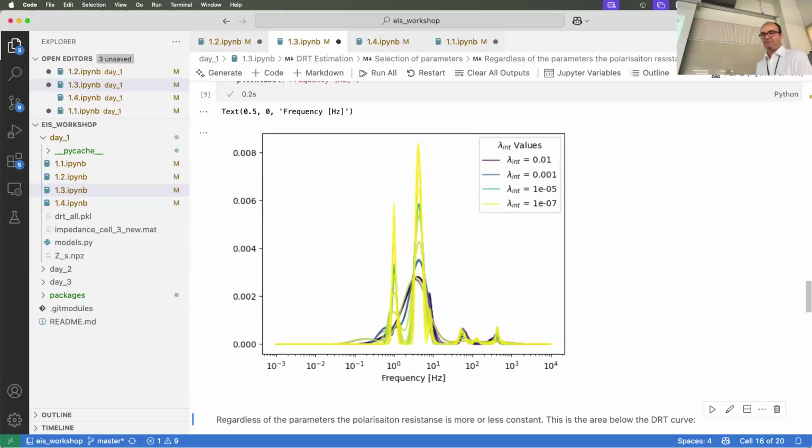What we see here is that for different values of lambda, we get different DRT curves. The black ones behind show only one very wide peak. Then as we decrease lambda, this very wide peak divides into 2 peaks. And now the question is, do we have 1 time constant or 2 time constants?